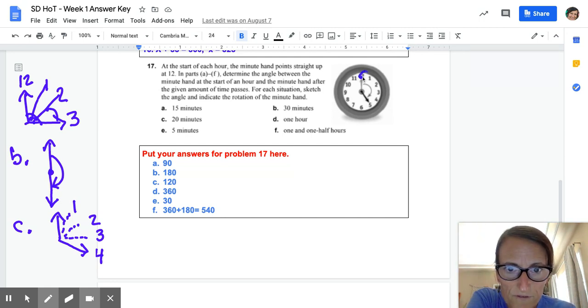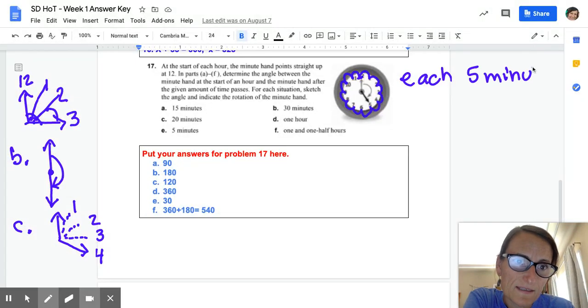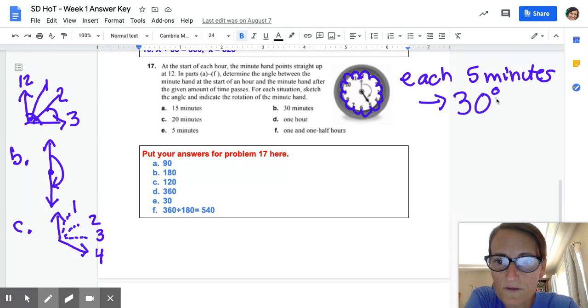If you go 12 to 1, 30, 60, 90, 120, 150, 180, 210, 240, 270, 300, 330, 360. That gets you the full rotation. So each 5 minutes is another 30 degrees. That's one way that you could think about it.